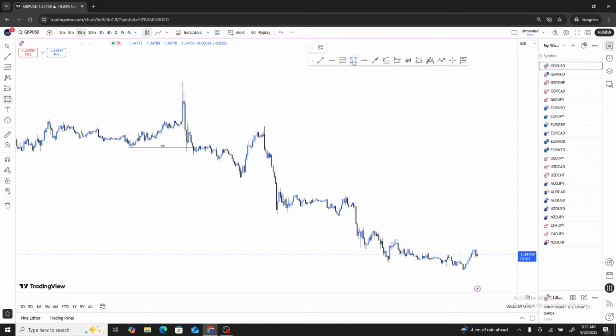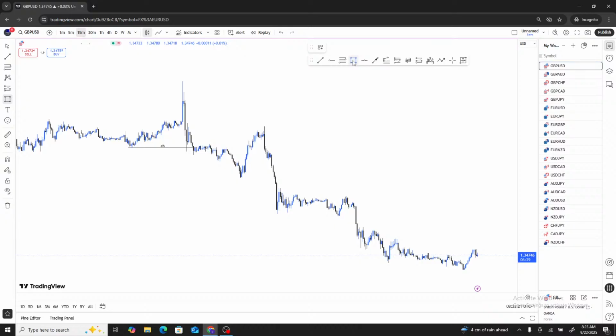You know, demand and supply market is all about buying low and selling high. So since the market is on a downtrend, we are looking for premium levels, highest price levels where we can sell from.